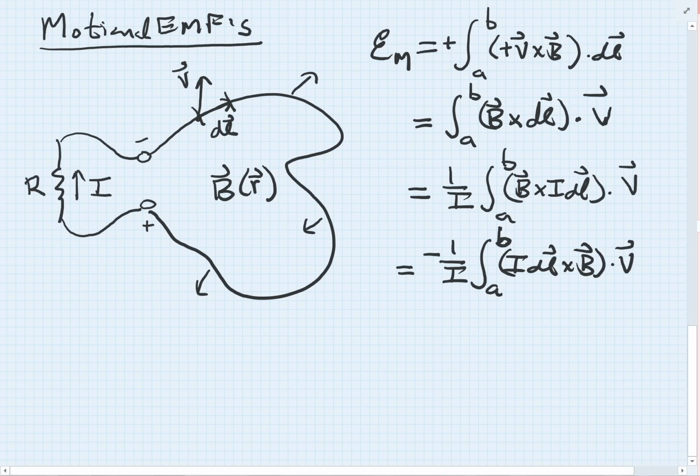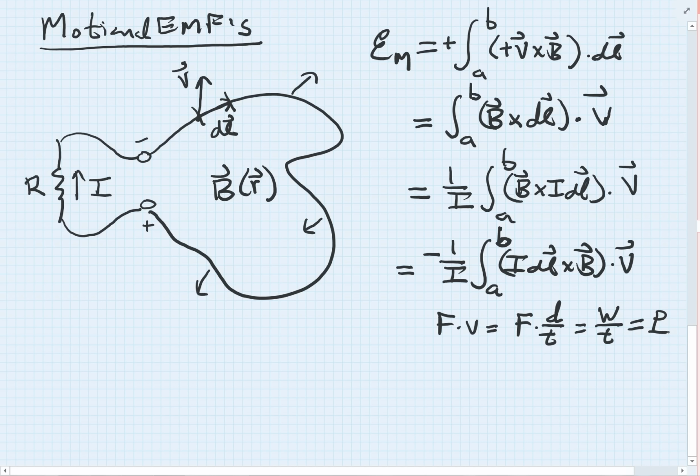What I have here then is the force on my little chunk as it moves, dotted with its velocity. Well, that force dot velocity is a famous factor. Force times velocity is force times distance over time. Force times distance we know is work, so this is work per unit time, and work per unit time we know is power.